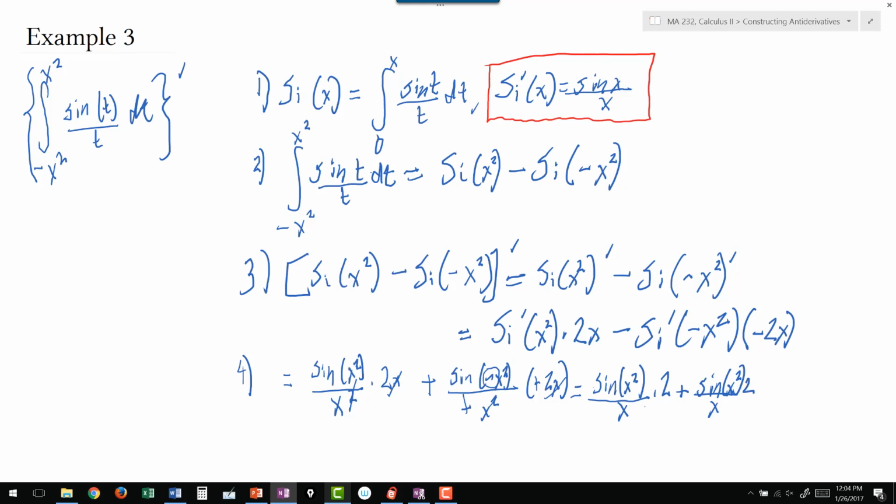And I guess since we can simplify that further, I end up with 4 of those sine x squareds over x, and that completes the problem.